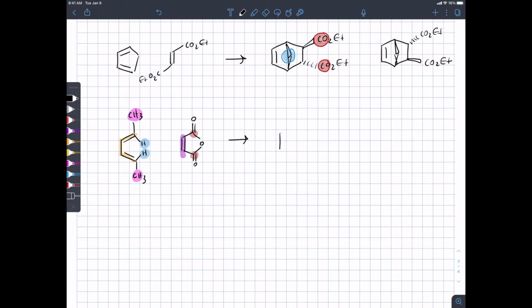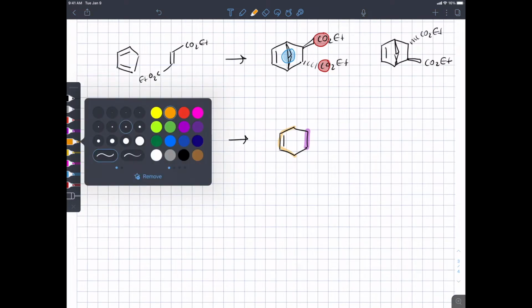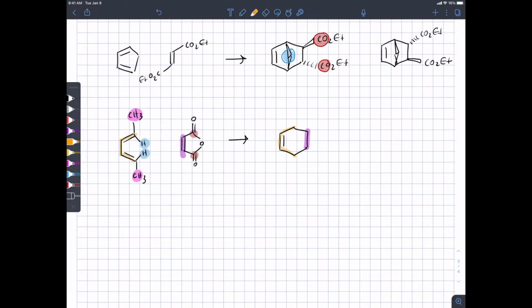So here's my 6-membered ring. Here are the 4 carbons from my diene. Here are the 2 carbons from my olefin. The inward substituents will start by putting them upward, and the outward substituents will put those downward.